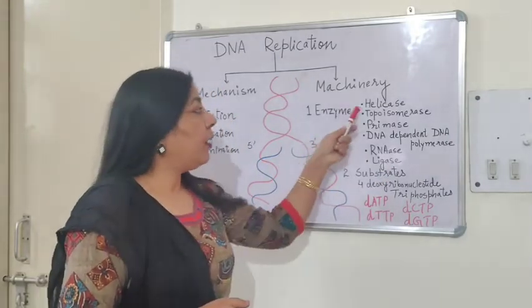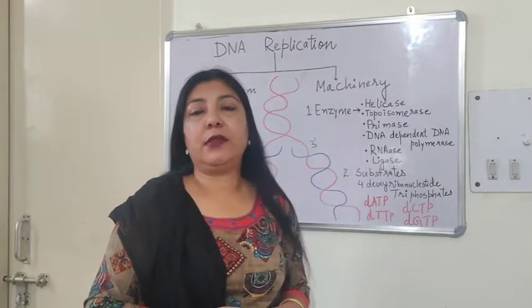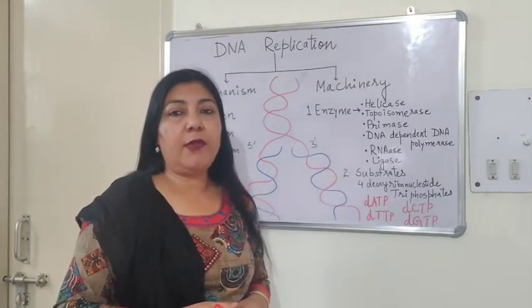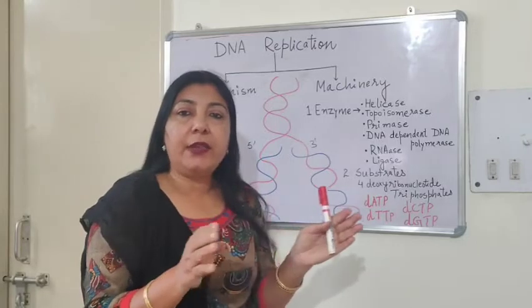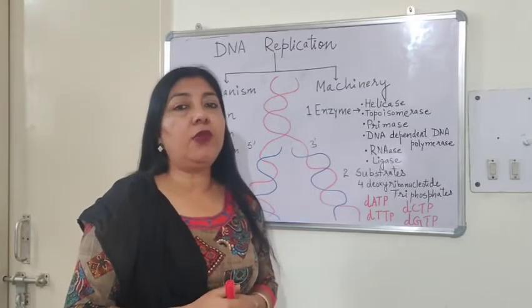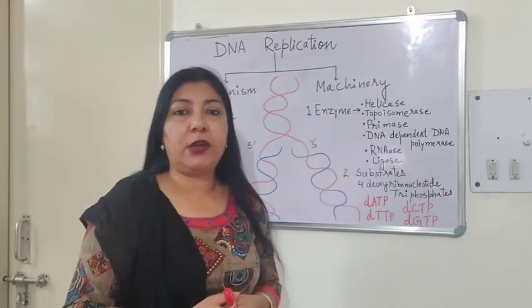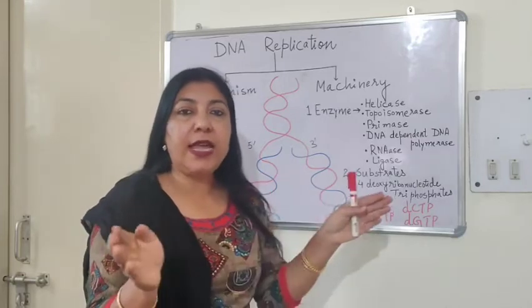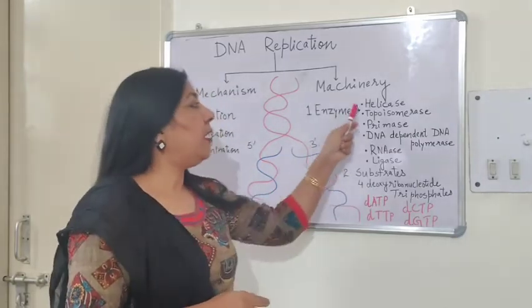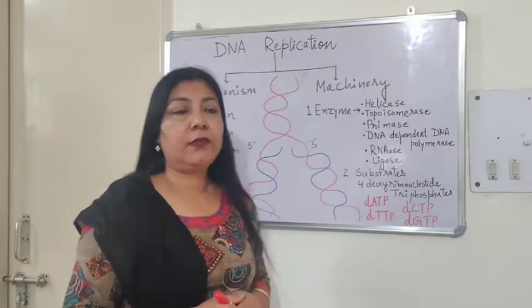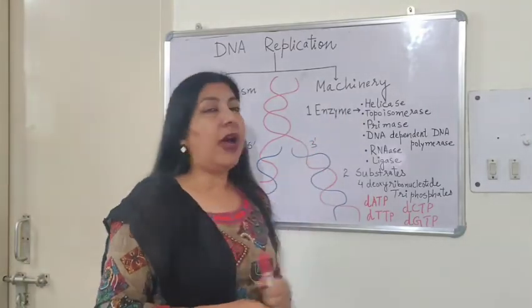Let's pay attention here. First is helicase. Helicase is an enzyme which will unwind the DNA, because DNA, you know, is a double helical structure, so the helix has to be unwound. It is done by helicase. Next is topoisomerase.